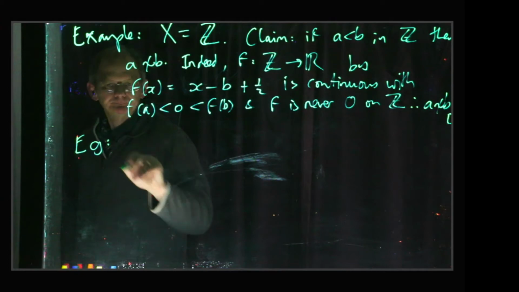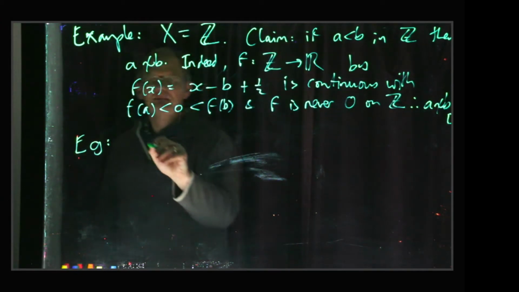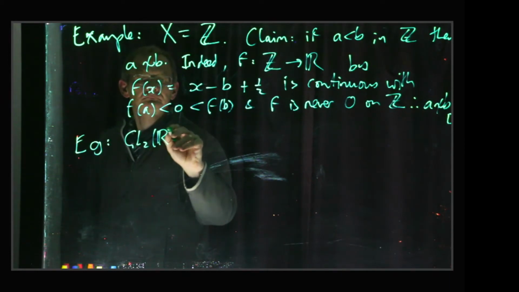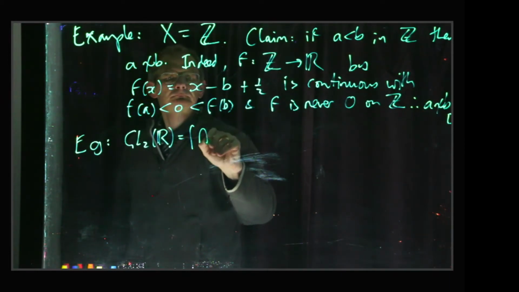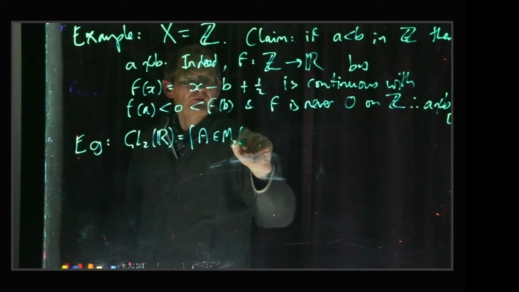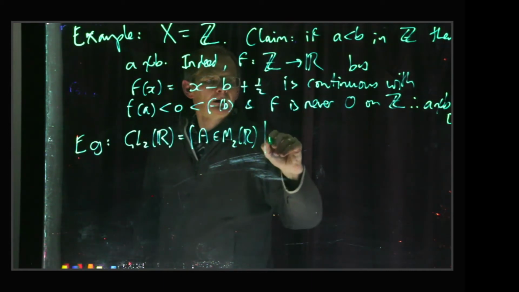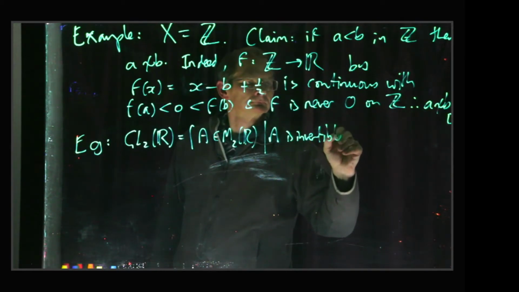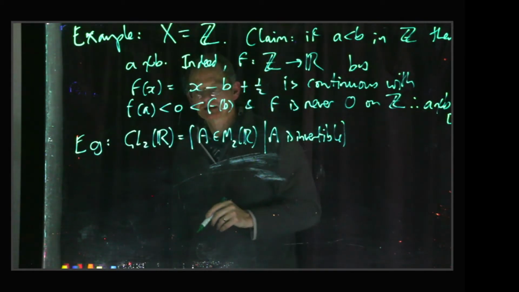Another example. So we've considered this space, remember, GL2R. That's the set of 2 by 2 invertible matrices.